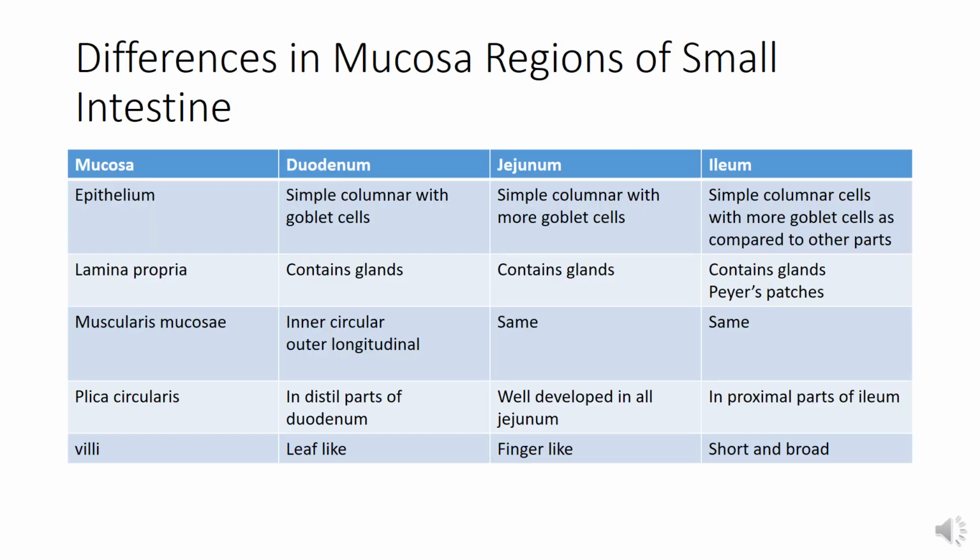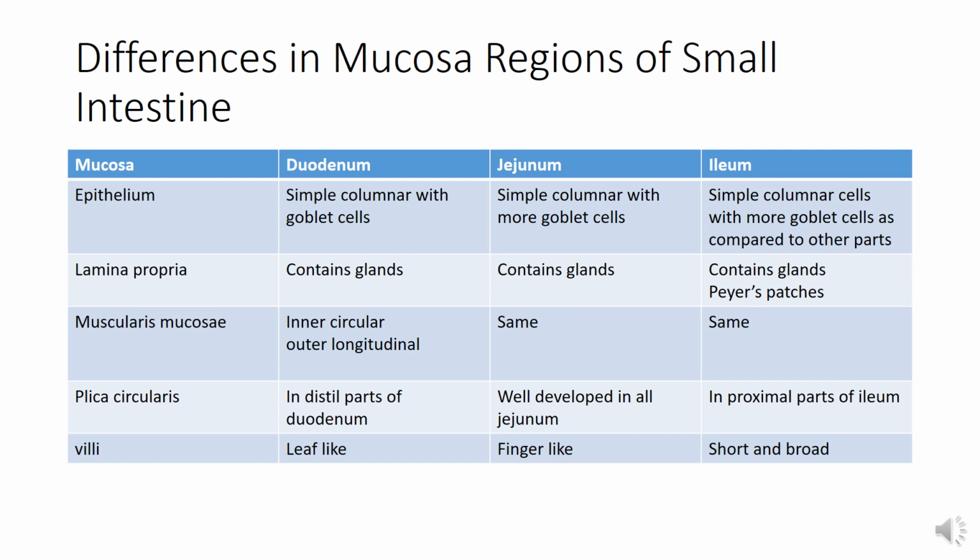From the previous description, it is obvious that the three segments of the small intestine, the duodenum, jejunum, and ileum, have common structural features. But there are important regional differences by which microscopic sections of different segments of the small intestine can be distinguished from each other.